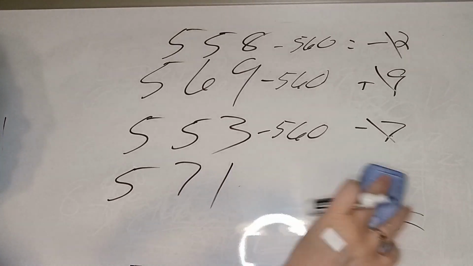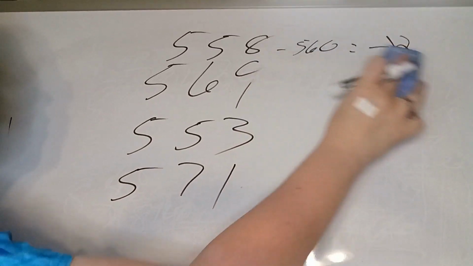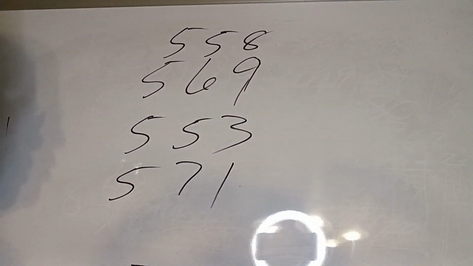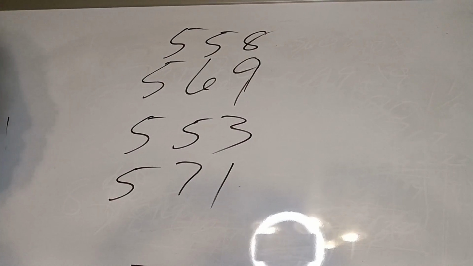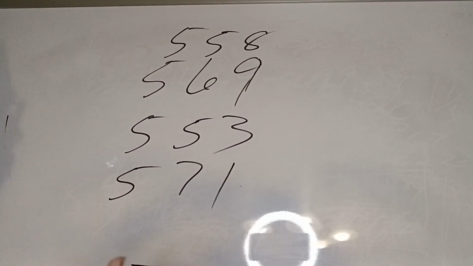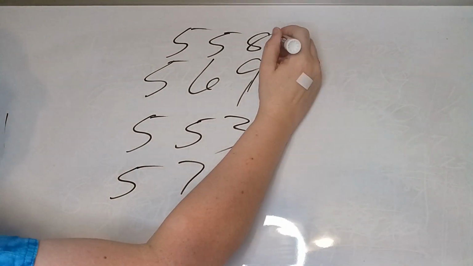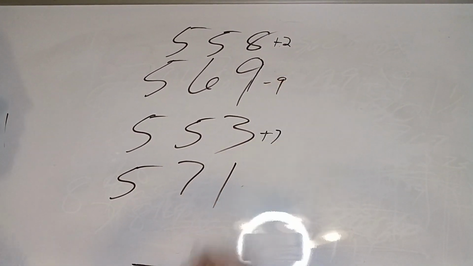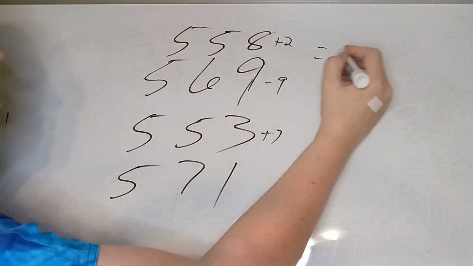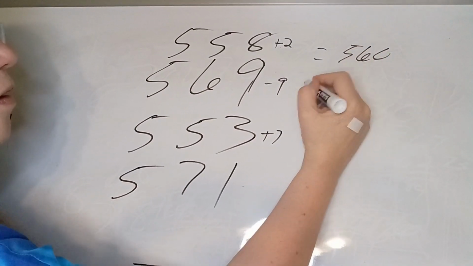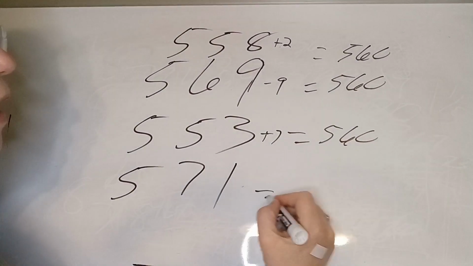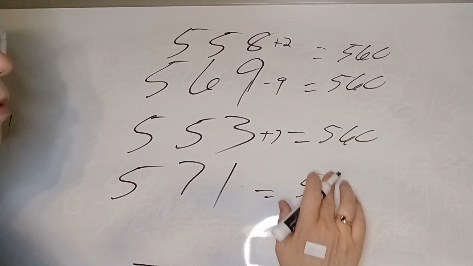Another way we could have done this one is to do some rearranging before we even start. We say, okay, we want 560, so we need to add 2 to this one, we need to add 7 to this one, so we can subtract 9 here, which gives us 560, 560, 560, and 571.